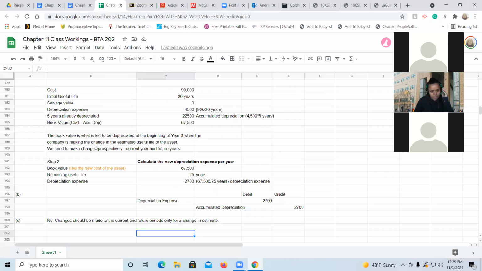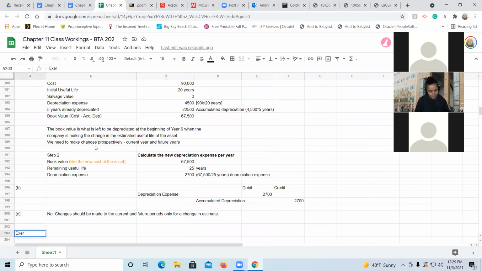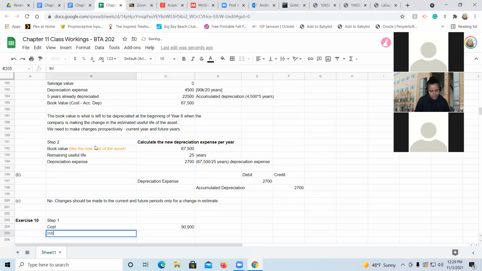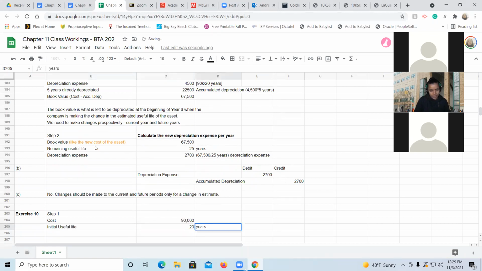So let's figure this out. It's the same thing. Step 1, you're going to do the old depreciation. You have a cost of 90,000, an initial useful life of 20 years, and now a salvage value, which you didn't have before, of 10,000.